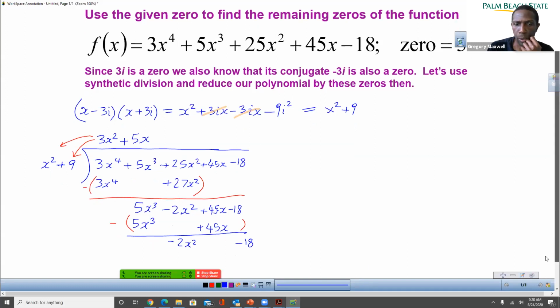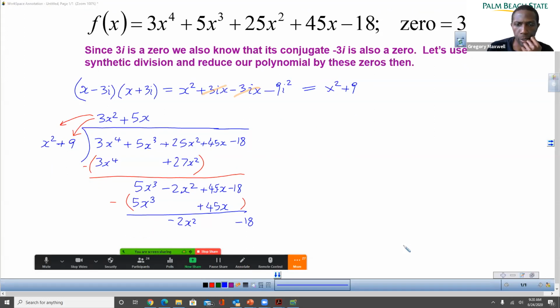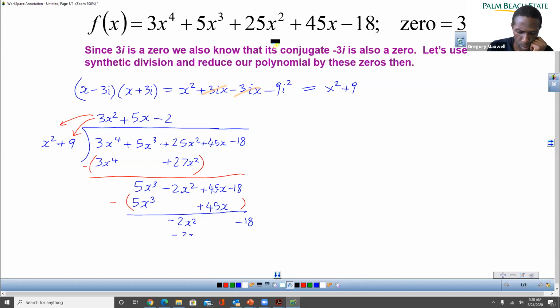And then I do another division. X squared into negative 2x squared is negative 2. You multiply, so we have negative 2x squared minus 18, and you get 0 as a remainder.